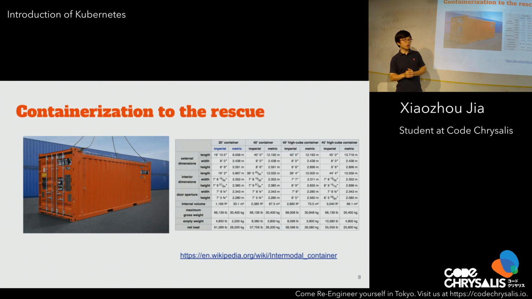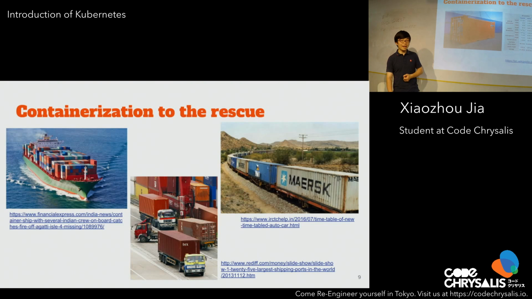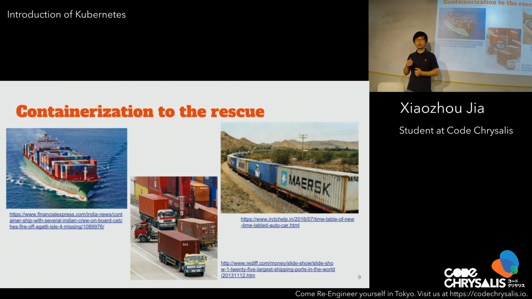Thanks to containerization, there was a long process, and we ended up with a fixed set of sizes of containers, and that's over there. Now we are able to move cargo around in all different ways: ship, train, truck.